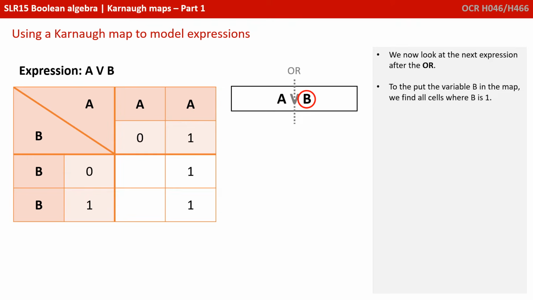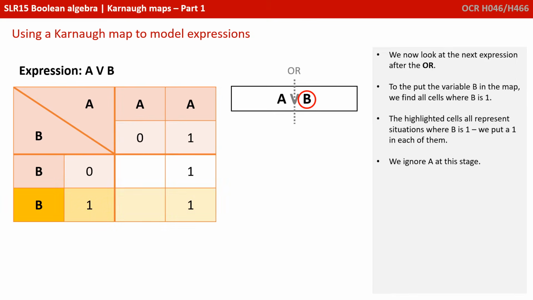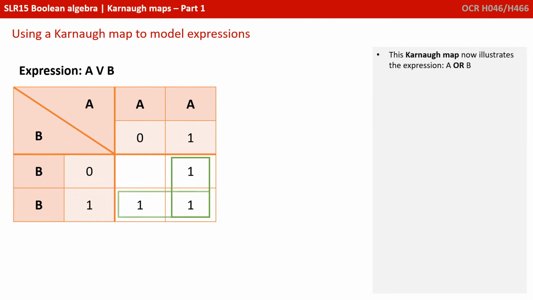We now look at the next expression after the OR, and to put the variable B into the map, we find all the cells where B is 1. The highlighted cells all represent situations where B is 1 or true, so we put a 1 in each of them, and we ignore A at this stage. The Karnaugh map now illustrates the expression A or B.